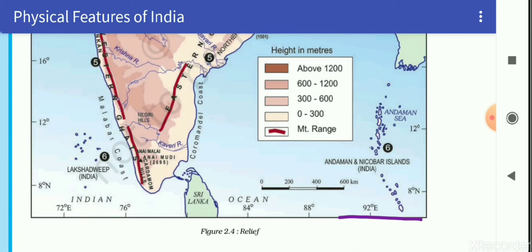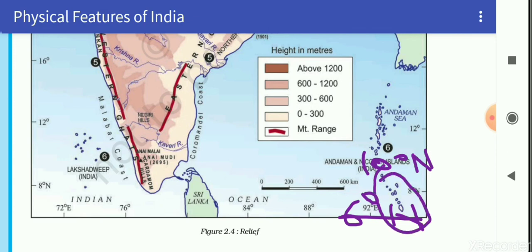Between 6° north latitude to 10° north latitude is the total extension of the Nicobar Islands, and after that, from 10° to 14° north is the total extension of the Andaman Islands.